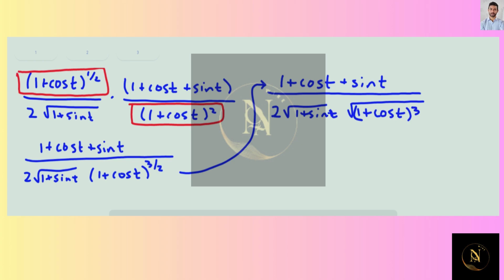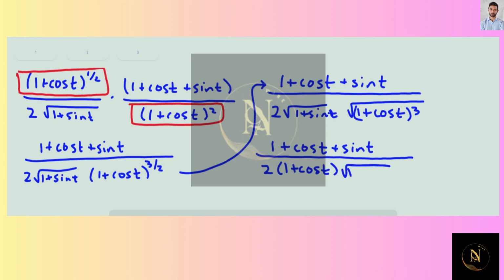And then we say to ourselves, well, we shouldn't keep something cubed inside a square root sign, so let's simplify that. So now we have 1 plus cosine t plus sine t over 2 times, and we factor out a 1 plus cosine t. And so we have the square root of 1 plus sine t times 1 plus cosine t.